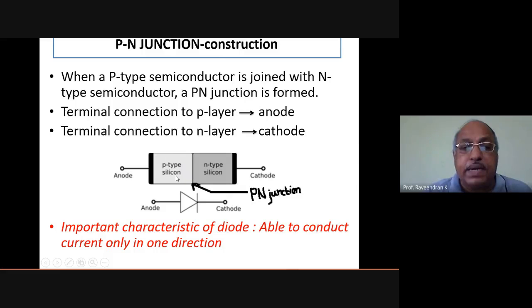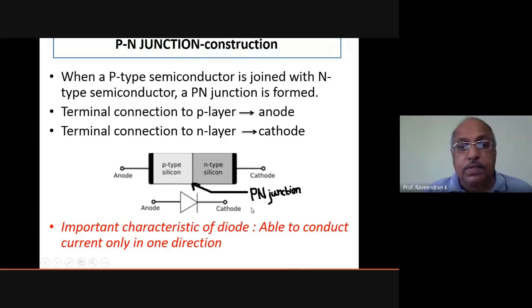The terminal connection to the P layer is usually called the anode, and the terminal connection to the N layer is called the cathode. In the P-type material, the terminal is connected to this metal piece, which acts as the anode. And in the N-type material, this metal piece or conducting material acts as the cathode, isn't it?